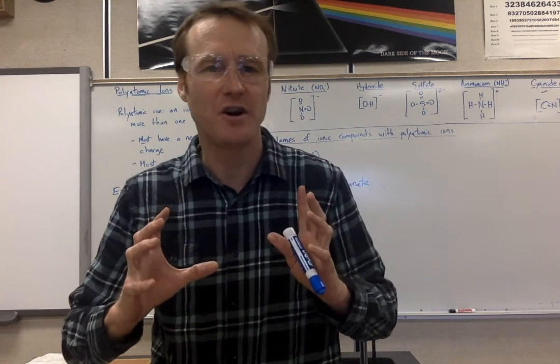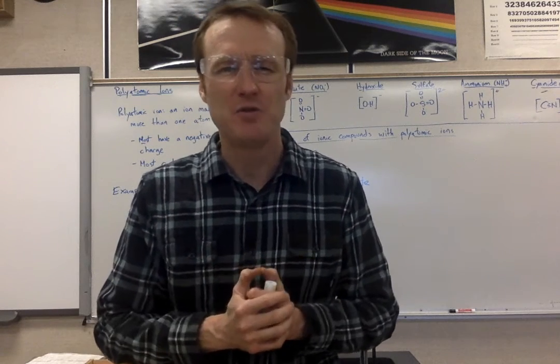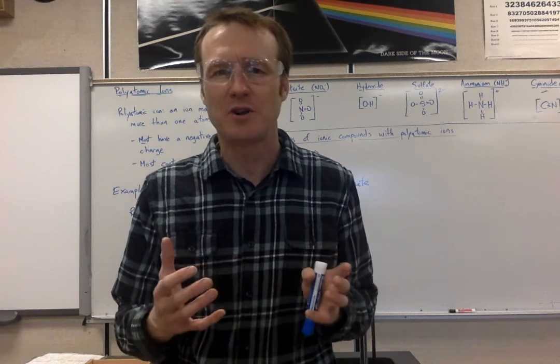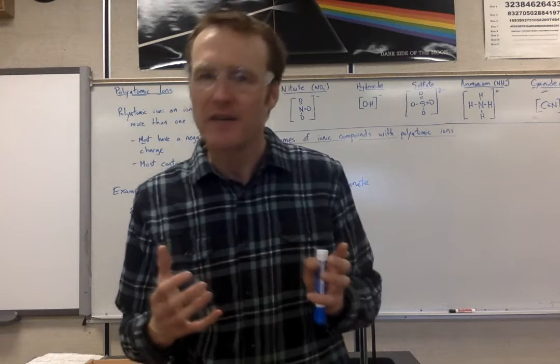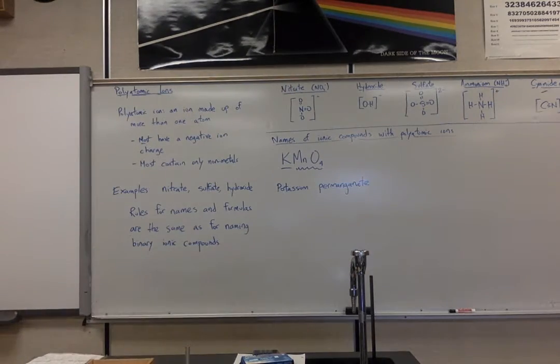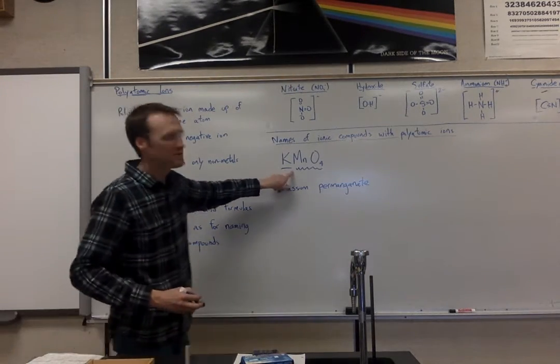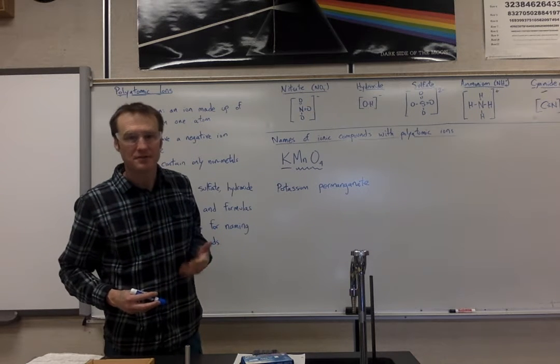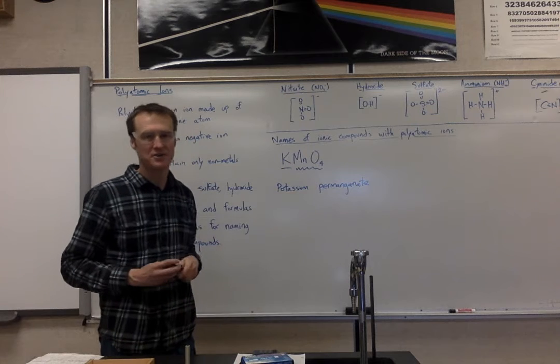And the overall charge of that, some of you probably know already, but some of you won't. The overall charge of it is -1. And how do we know that? Because there's no subscripts for the K, and the K is a +1, so the charge has to balance. So that means the permanganate must be -1.